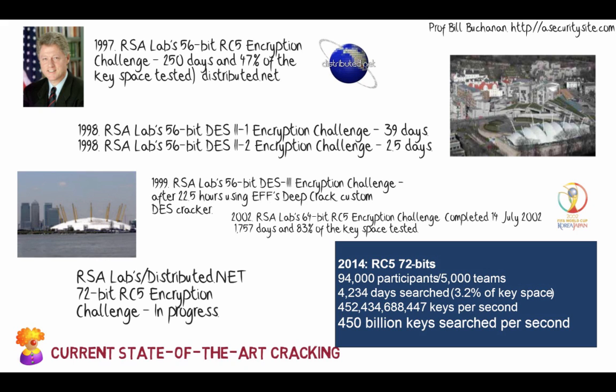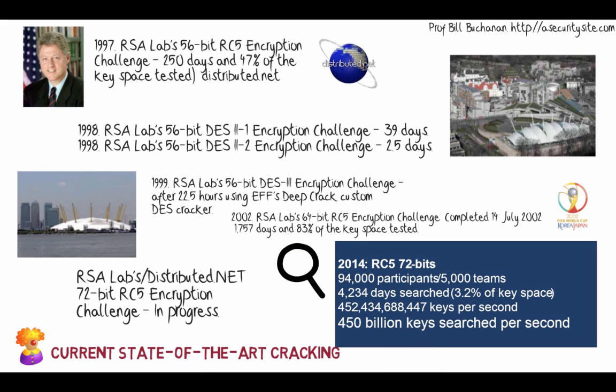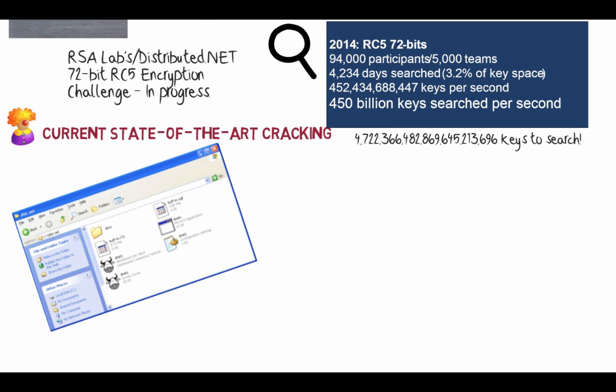So that's quite a lot of keys that they're searching through. It's an awful lot of keys to search through, but they'll do it and they'll get there. The more participants, the more chance they have to actually crack these codes.